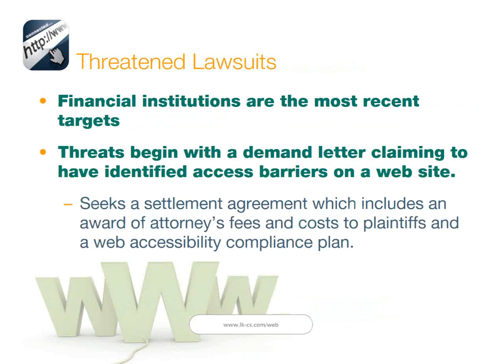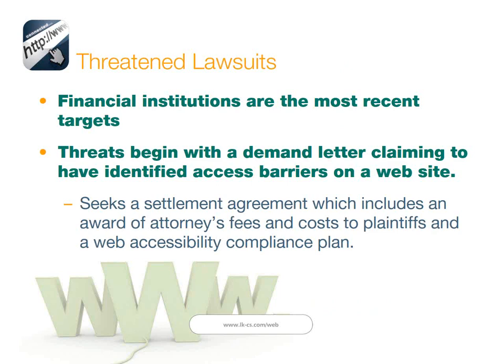But I think the majority of the people here today are here because of the threat of lawsuits that are out there, and the fact that financial institutions are the most recent targets of these lawsuits. These threats begin with a demand letter, claiming to have identified access barriers on a website.